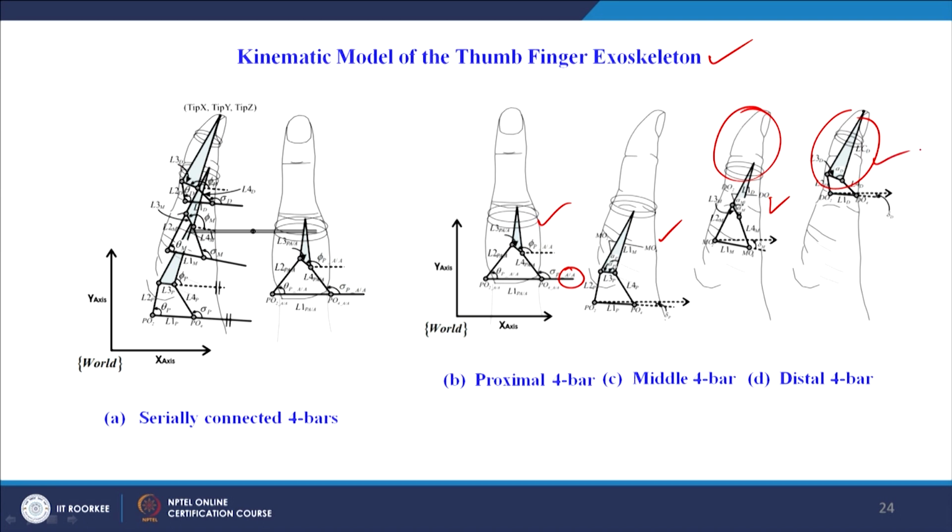We have computed and designed it, and hence the attachment is like this, that is this 4 bar mechanism is in one plane and the serially connected 3 4 bar mechanisms meant for flexion extension motion are in the plane which is perpendicular to this abduction adduction 4 bar mechanism plane.